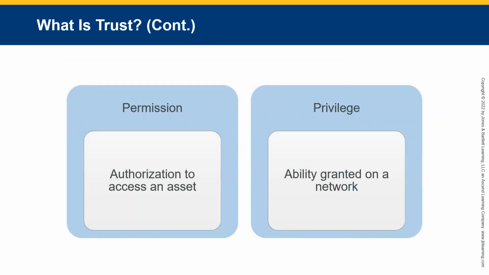So what is trust? Trust is permission and privilege. And permission is the authorization to access an asset. So am I allowed to go to a network file share and access all the folders? Well, I have to be granted permission, and that is usually done by somebody higher up in the chain than myself.